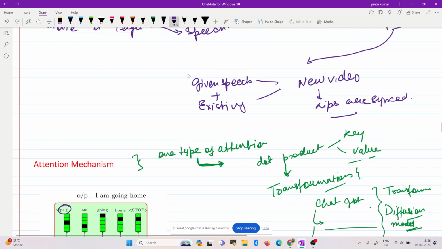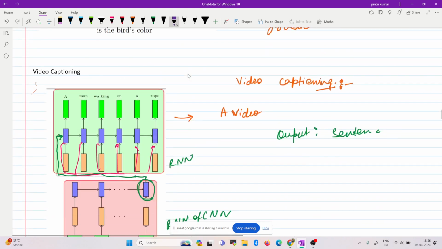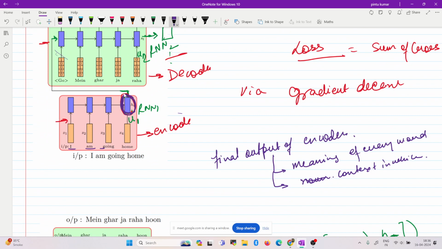Also, one more drawback that I feel the earlier mechanism has is, because as I said, the representation of the last output will try to capture much information about the complete sentence, there can be an information overload here, so that you are not able to bifurcate all the information very clearly.